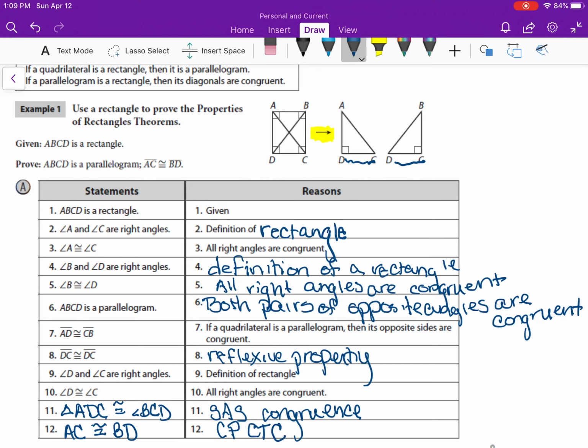So we are bringing it all back to triangles and looking at these pieces and how we can prove a rectangle, which is a quadrilateral, 4 right angles, opposite sides are congruent, and the diagonals are congruent.